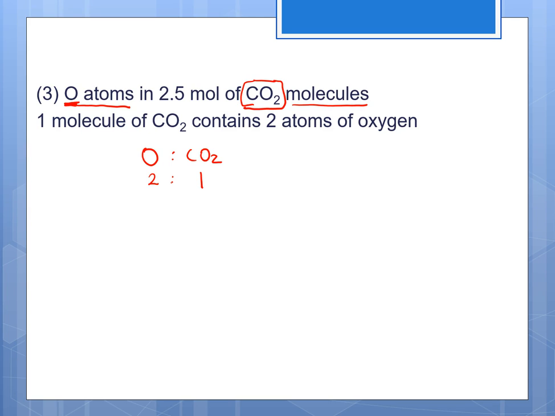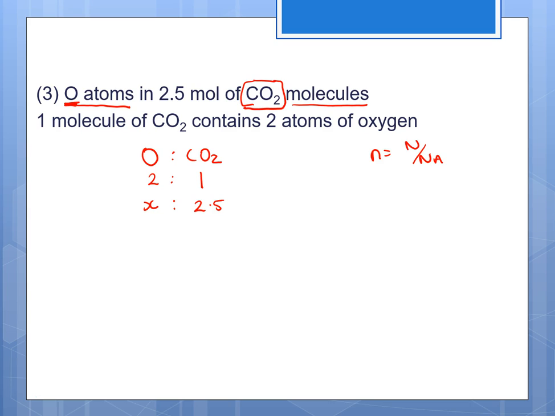Okay, so I can set it up in a grid like this. I've been told that I have 2.5 mole of CO2, so I put those under CO2 there, and then what I want to know is X, because I can't use this formula until I know the number of mole of oxygen atoms that I'm dealing with.